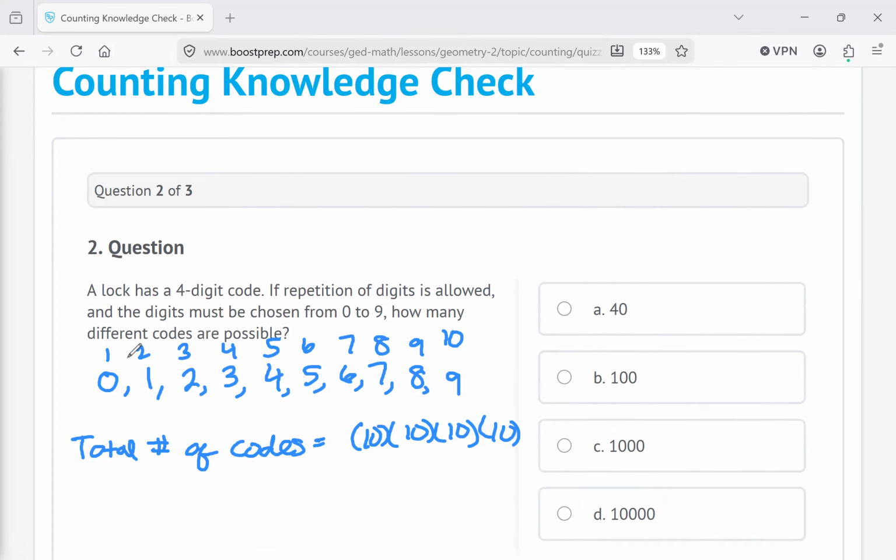So from 0 to 9, there's a total of 10 possible ways. So 10 ways for the first one, 10 ways for the second one, 10 ways for the third one, and then the fourth one's 10 ways. And when you put it all together, 10 times 10 times 10 times 10 is, I think, 10,000. So it is D.